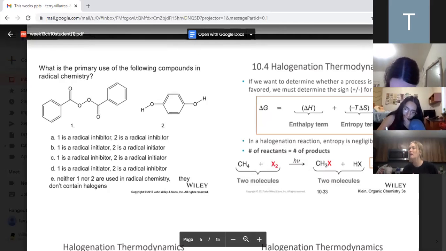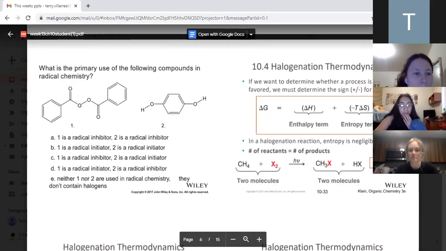All right, halogenation thermodynamics. So what do you guys remember about thermodynamics? Entropy and enthalpy. Good enough.